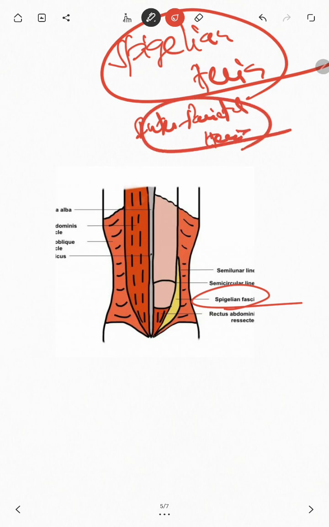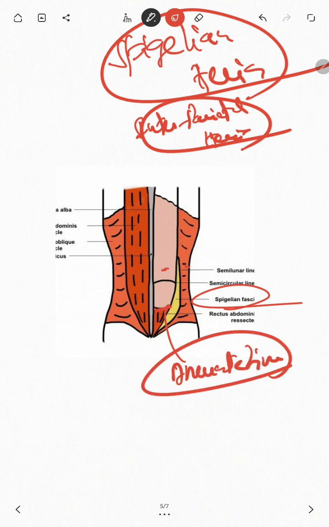Okay, it is an interparietal hernia. Why? Because it is occurring between the two parietal fascias. One is the rectus abdominis fascia, and remember this line, the arcuate line. It is just above the arcuate line.